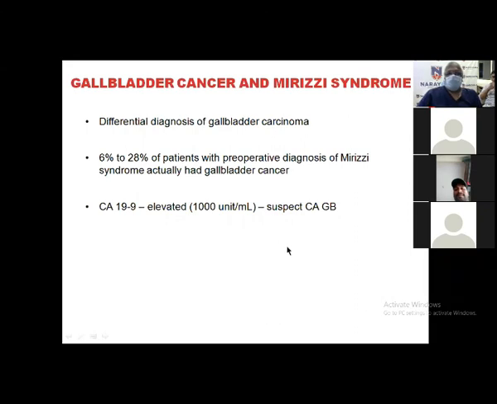Gallbladder cancer and Mirizzi: a gallbladder malignancy arising at the infundibulum or in the body of the gallbladder can compress or infiltrate the CBD and lead to obstructive jaundice. CA 19-9 elevated above 100,000 units per ml, loss of weight, presence of a mass, and a CT nicely showing the mass.